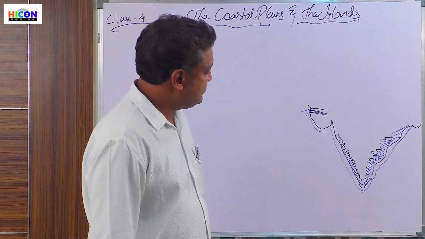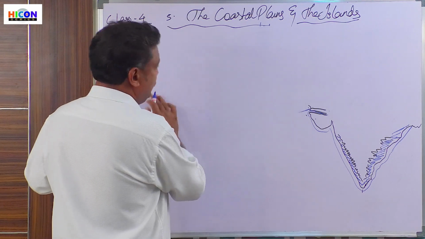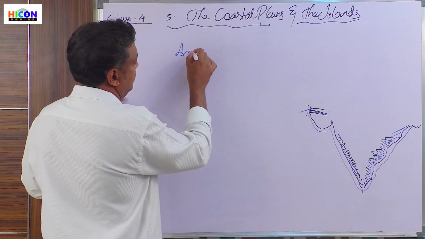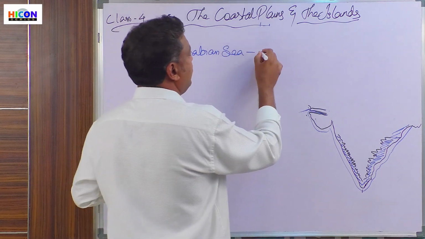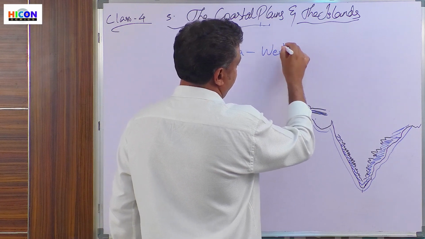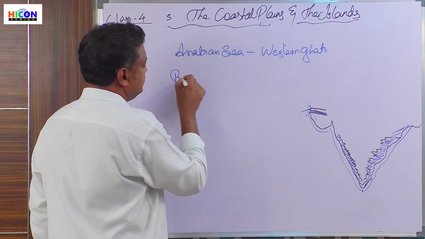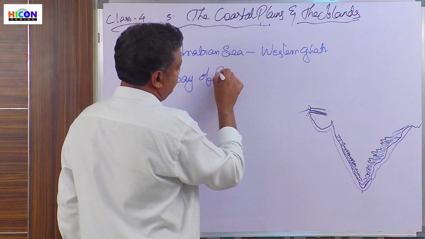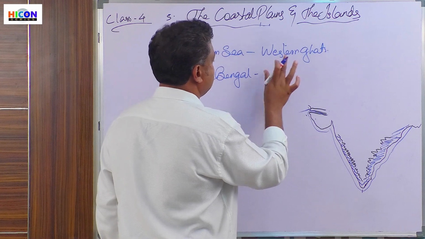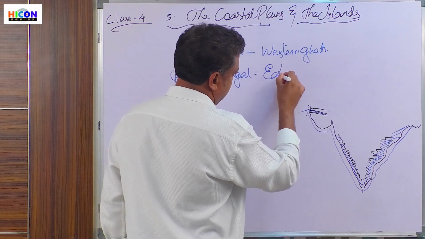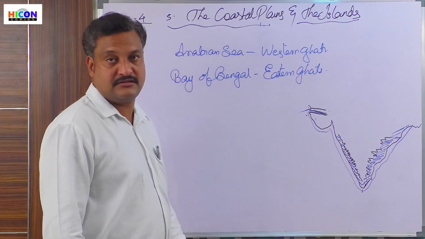Right? So, the speciality of this landform is that they lie in between the Arabian Sea and the Western Ghats, and the second, the Bay of Bengal and the Eastern Ghats, right?